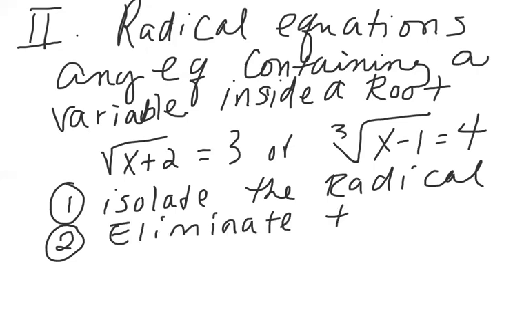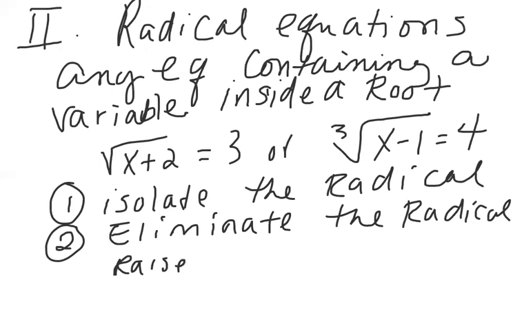In order to do this, guys, you must raise it to its inverse. So I'm going to show you guys what I'm talking about in a minute, okay? So eliminate the radical by raising it to its inverse. So here we go. Right here, guys, I'm going to use a different color. You had square root of x plus 2 equals 3. We want to get rid of the square root.